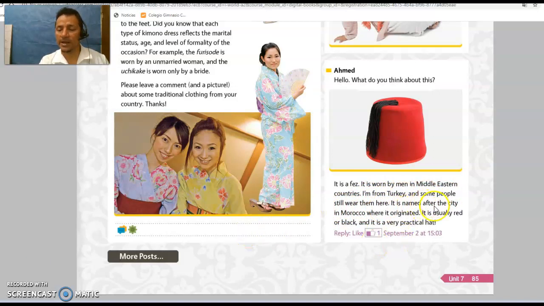It is named after the city in Morocco where it originated. It is usually red or black, and it is a very practical hat.